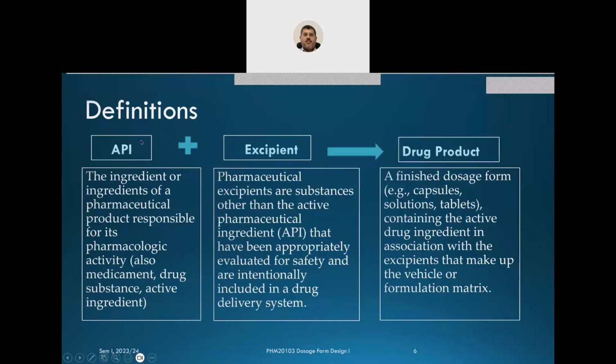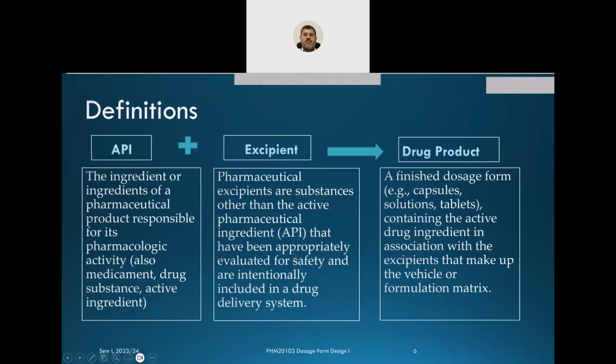So active pharmaceutical ingredient, as you mentioned, is the component of the pharmaceutical product responsible for its pharmacological activity. We call it the medicament, we call it drug substance, we call it active ingredient. They are all synonymous. Okay? But when it comes to excipients, as you mentioned here, they should be evaluated for safety.